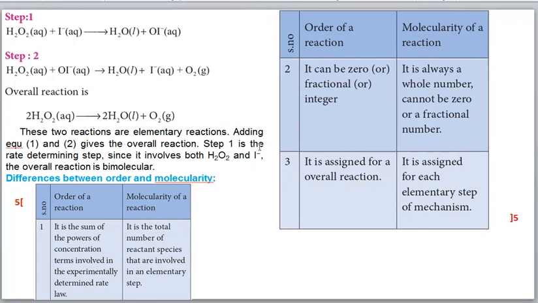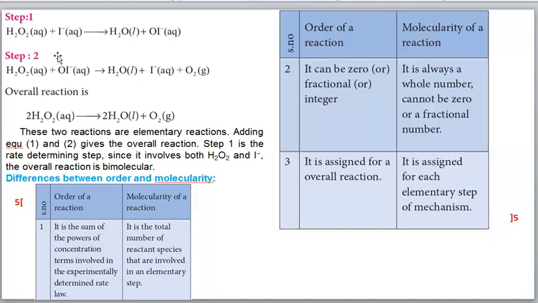Step 1 is the rate determining step. What is called the rate determining step? Some reactions have several elementary steps. For example, this reaction has 2 elementary steps. The rates of the 2 elementary steps are not equal. One of the elementary steps has the lowest rate, and another elementary reaction has a higher value.